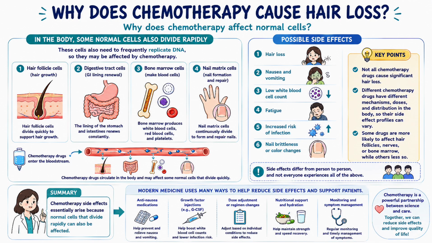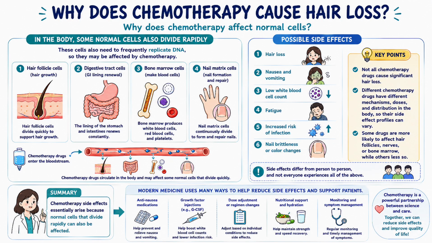Another important tissue is the bone marrow. The bone marrow produces white blood cells, red blood cells, and platelets. When chemotherapy affects bone marrow cells, patients may develop low white blood cell counts and increased risk of infection, anemia, or bleeding problems. There is also another side effect that patients often overlook: changes in their nails.